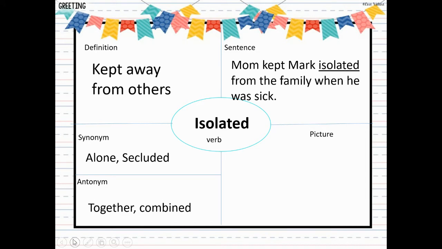So if I'm not being kept away, I would be together with someone or combined in the same group. So our word isolated, which means kept away from others, our sentence was, Mom kept Mark isolated from the family when he was sick. Our synonyms are alone and secluded, and our antonyms are together or combined.